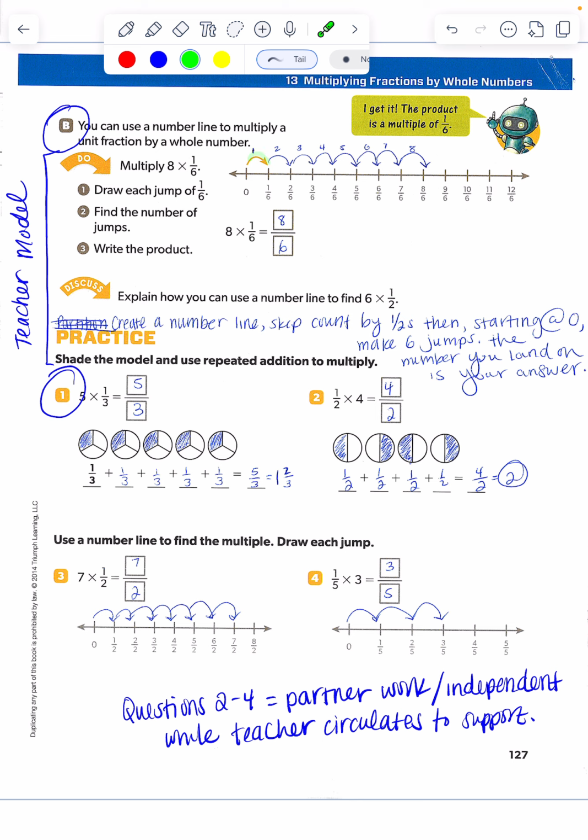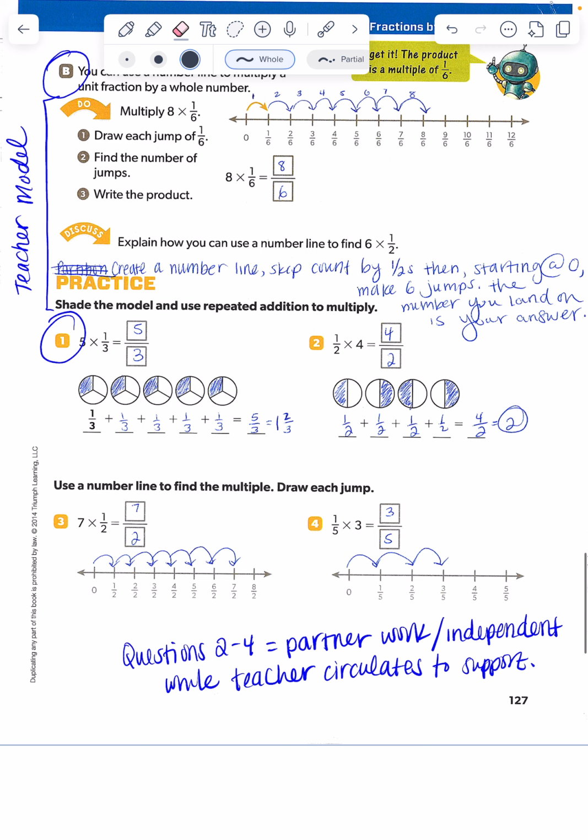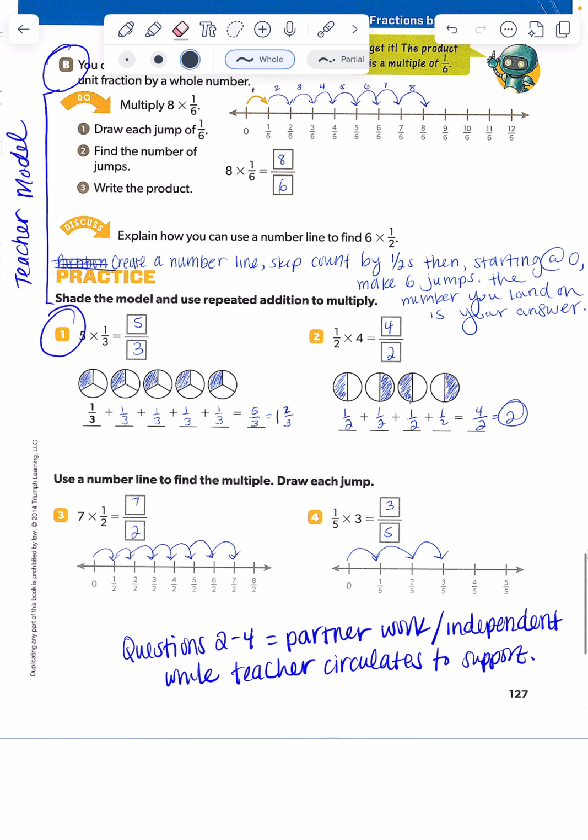So you are showing 8 jumps of 1/6. 1, 2, 3, 4, 5, 6, 7, 8, which leaves you at 8/6. The total, or sorry, the product is 8/6. Then you will release students to work on their independent practice for about 15 minutes.